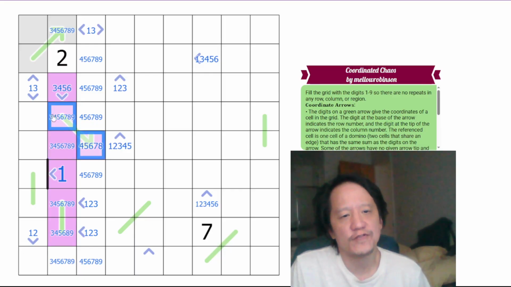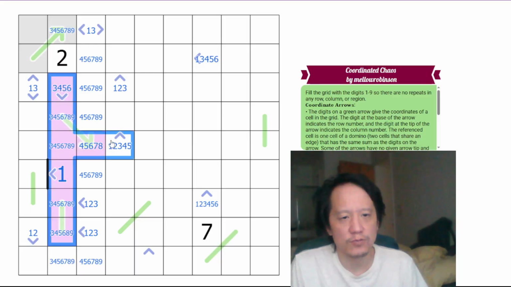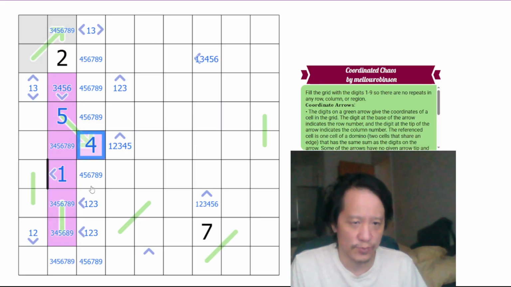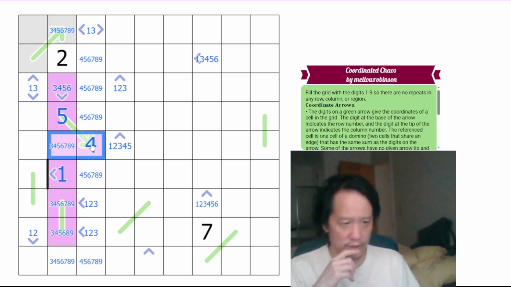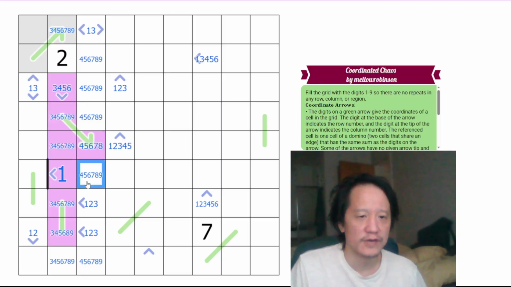It would have to be 5, 4 here, though, right? And then these two would add up. So the only way this could work is if this is 5 and 4, this has to point to a 3. And it has to be 5 and 3, which doesn't work. Right? Okay, so this can never work.